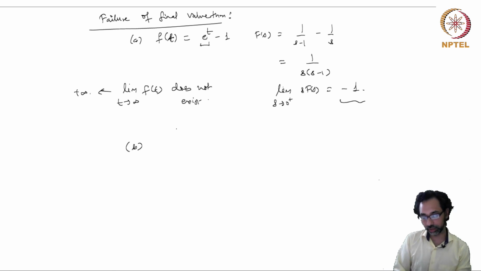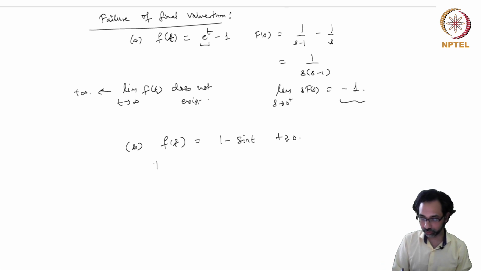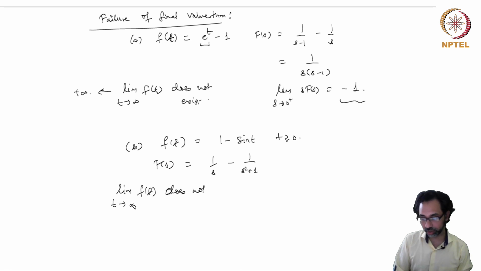Similarly, you can take, for example, f(t) equals 1 minus sin t for t greater than or equal to 0. We can easily compute the Laplace transform as 1 over s minus 1 over s squared plus 1. If you compute the limit as t goes to infinity of f(t), of course this does not exist, and it's not even something that goes to plus infinity or minus infinity.